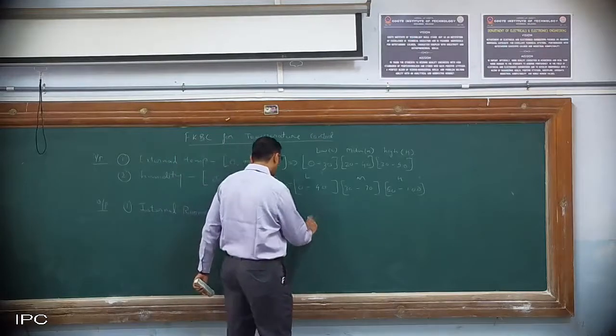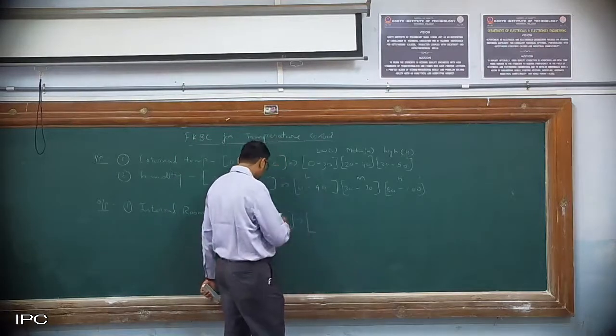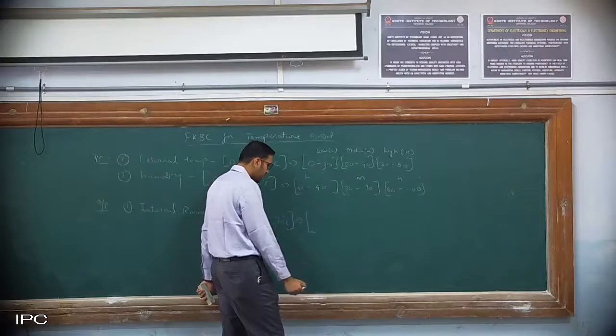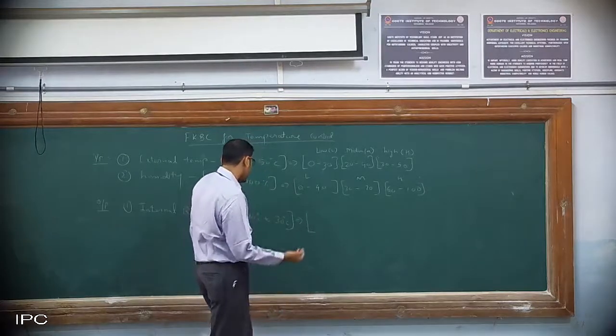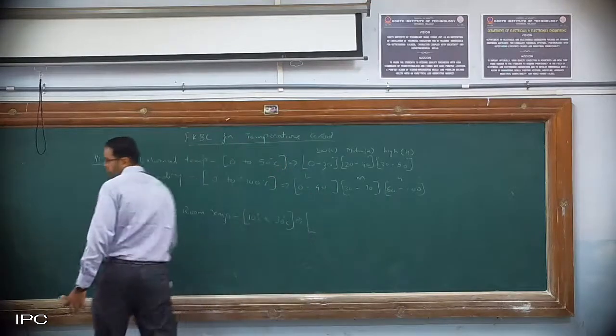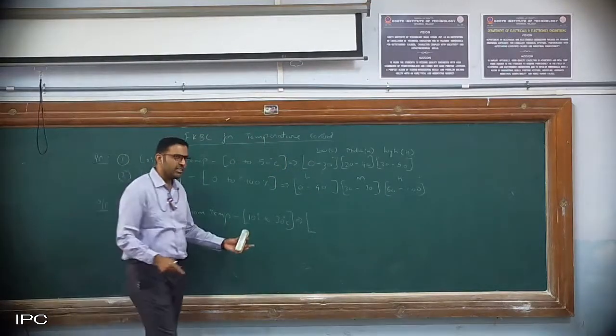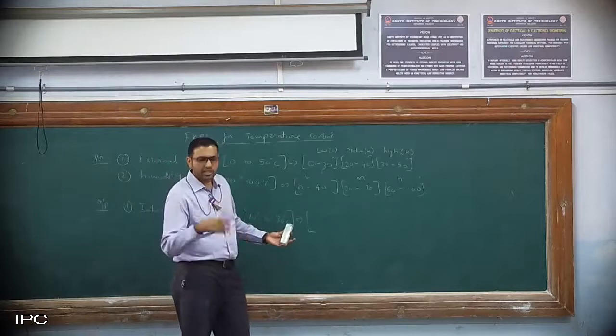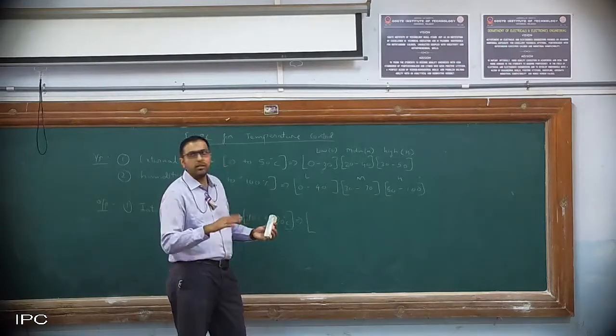Next is our internal temperature, ranging from 10 to 30 degrees. Again we can categorize it as low, medium and high. This can also be categorized as pleasant temperature, slightly lower than pleasant, and more than pleasant.